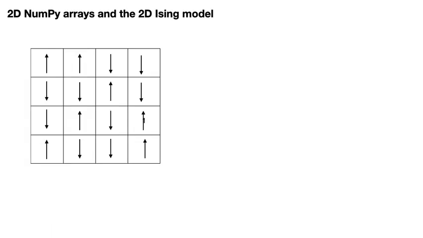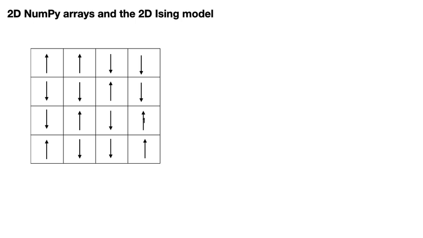The diagram on this slide shows what a microstate of the 2D Ising model looks like. We have a 4x4 lattice of spins and each of these spins can point up or down as shown here. To generate a representation of this object that we can store on a computer, we will use a 2D NumPy array.